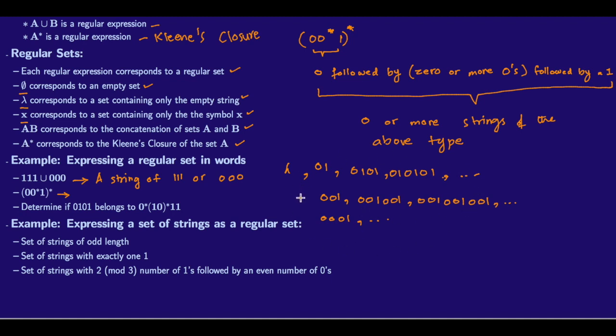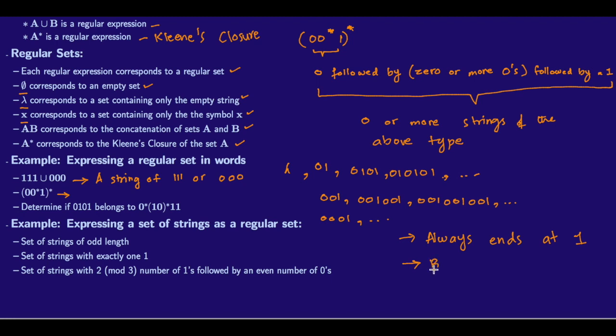What is the pattern here? The pattern is that it is a set of strings which always ends in 1. This is the first observation. What is the second observation? The second observation is that between every two ones there has to be one or more zeros.